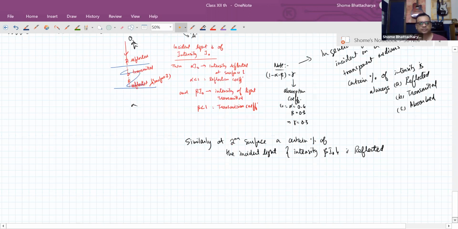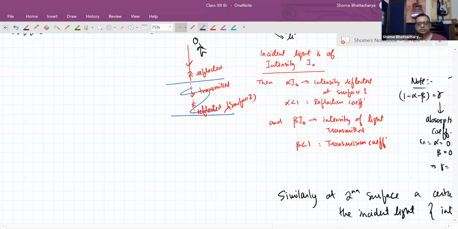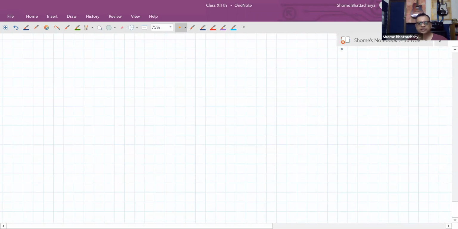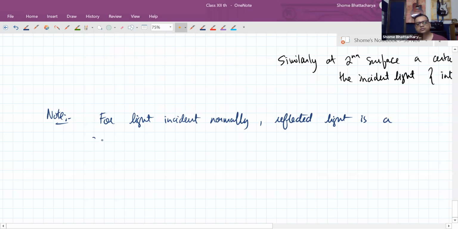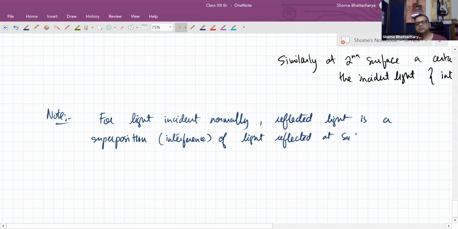So now coming to the important calculation part. So what we can understand finally is that for light incident normally, okay, the reflected light is a superposition, which will of course result in interference, of light reflected at surface 1 and surface 2.